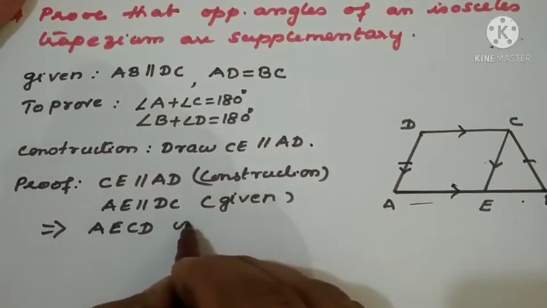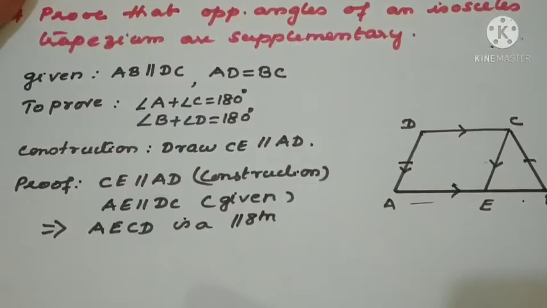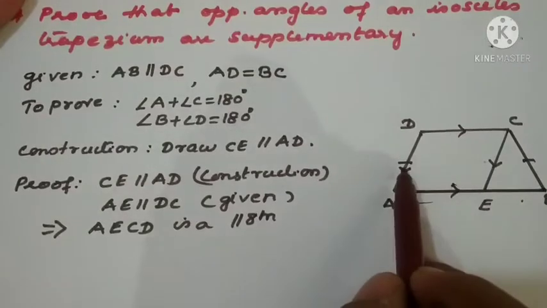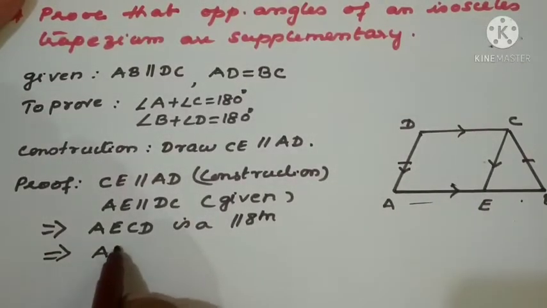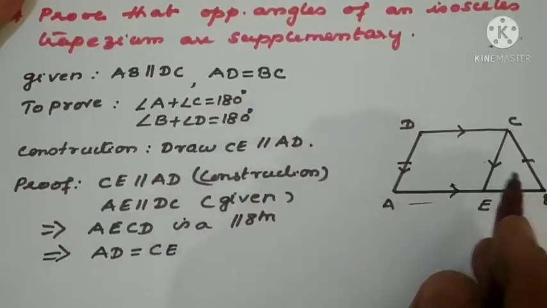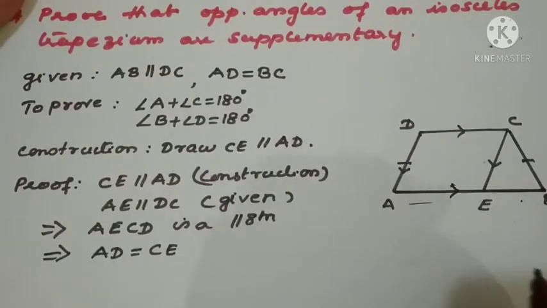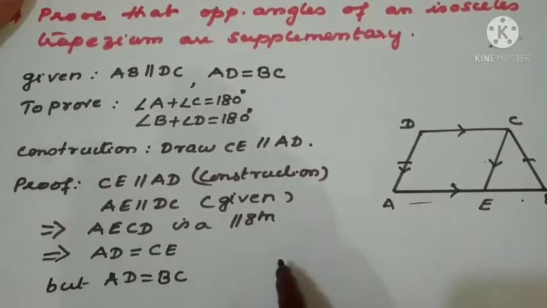AECD is a parallelogram. If it is a parallelogram, what can we say about opposite sides? Opposite sides are equal. So AD equal to CE. But we know that AD and BC are equal. That is the first property they had given. AD is also equal to BC.